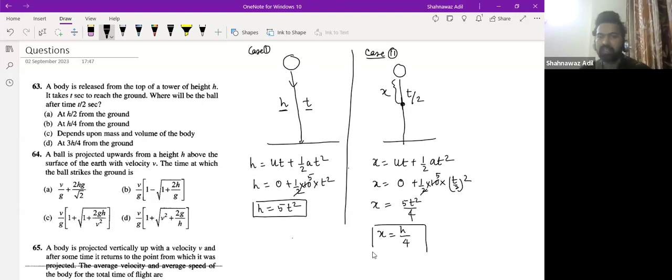So what is the option that is matching? Can you tell me which option is matching? There is a twist in the option, so we have to look at the options carefully. Can you tell me, Alia? What do you think is the correct option?